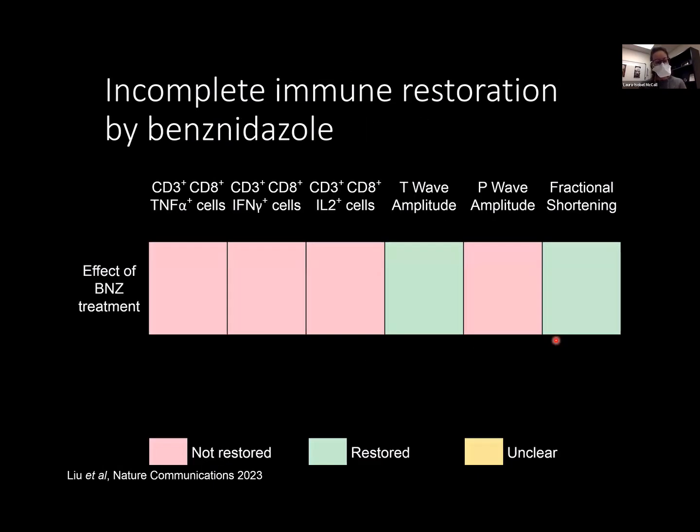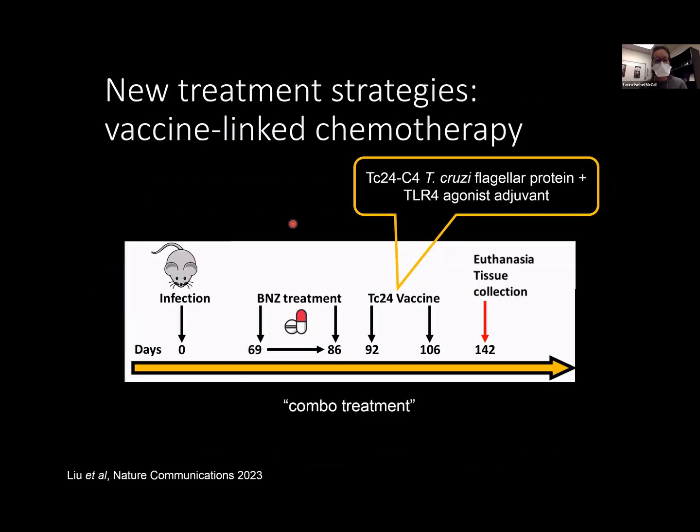So what's going on? One aspect we noticed is that our benznidazole treatment didn't restore a lot of different immune parameters. And so our collaborators at Baylor had been developing this idea of vaccine-linked chemotherapy. So this idea that you first treat with benznidazole to kill the parasites, and then you add this therapeutic vaccine to help reset the immune response.